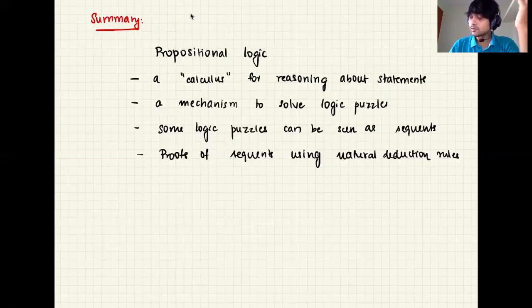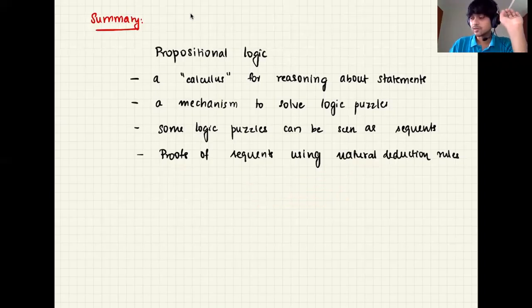Sometimes logic puzzles can be seen as sequents. In the last two lectures, we have seen how to write proofs of sequents using these pattern matching natural deduction rules. Essentially, they are modeling the way you write proofs, except that these rules have picked out particular arguments that keep coming from time to time, and just by using them, you can derive whatever you would have derived instead of writing the entire thing in English.